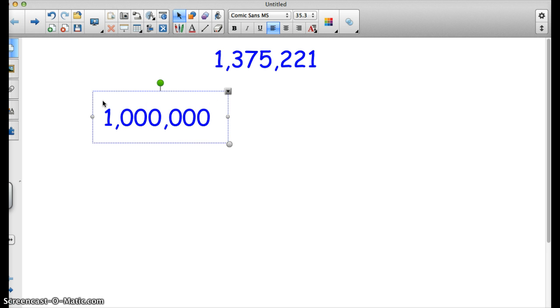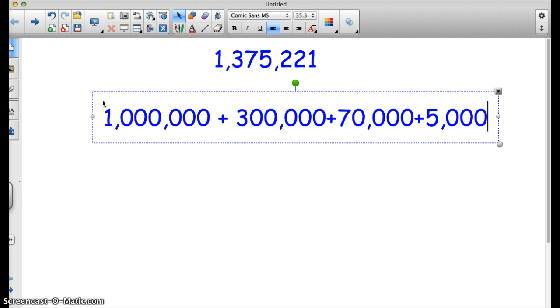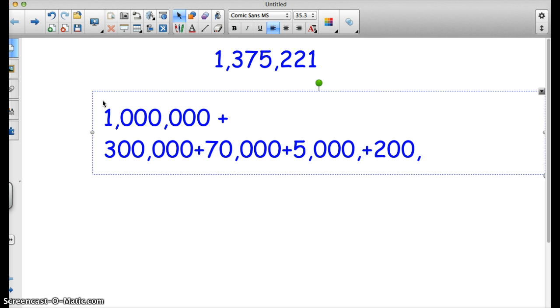And when we're using expanded form, we separate them with a plus sign. So it's 1 million plus, how many hundred thousands? Well, 300,000 plus, now I go into the 10,000s, 70,000 plus, next is 5,000 plus 200 plus 20 plus 1.